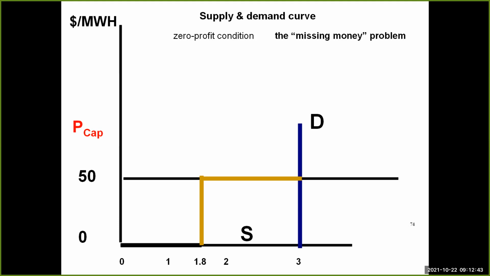So how can this problem be solved? Well, it's perfect competition. Remember, the theory says if my variable cost is 50 and I get paid 50, I'm going to produce.